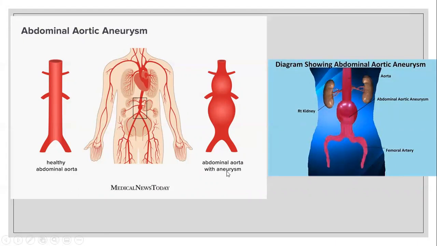What is an aneurysm? Aneurysm means a weakened part of the wall of the aorta. We can see an abdominal aortic aneurysm. When it is weakening, as blood goes through, it puts pressure and there is a chance of rupture, and it is a life-threatening medical emergency.